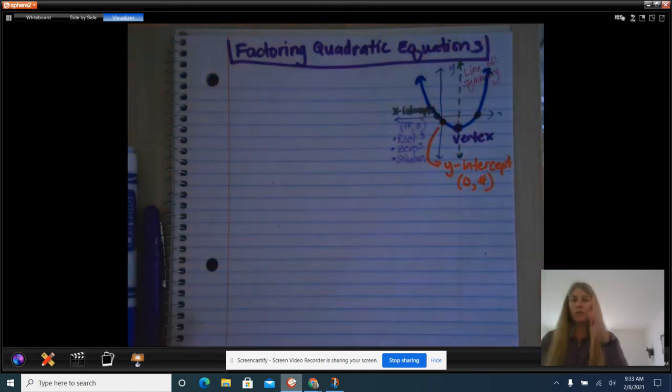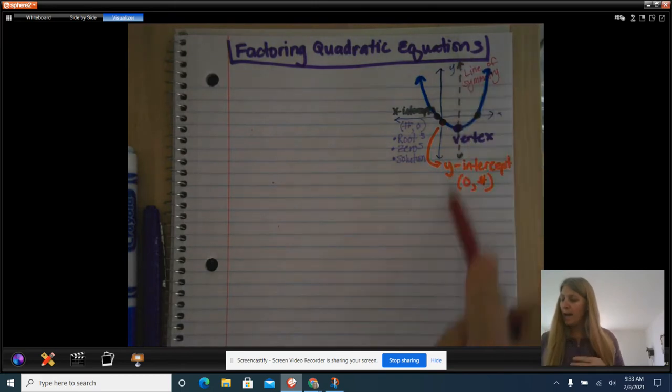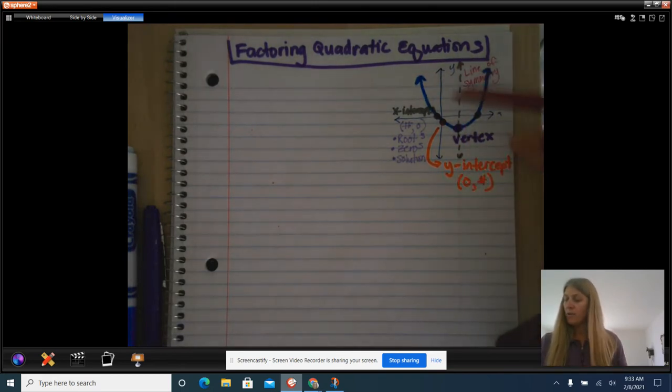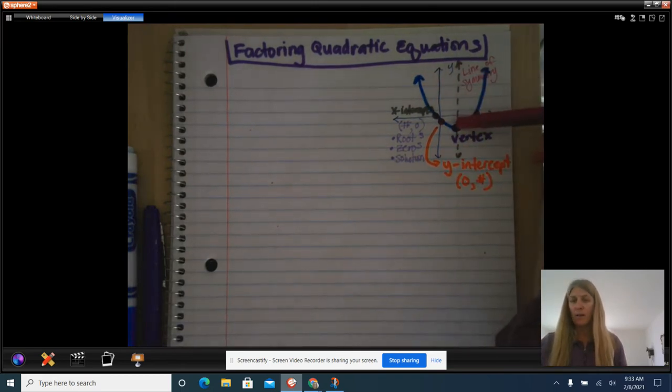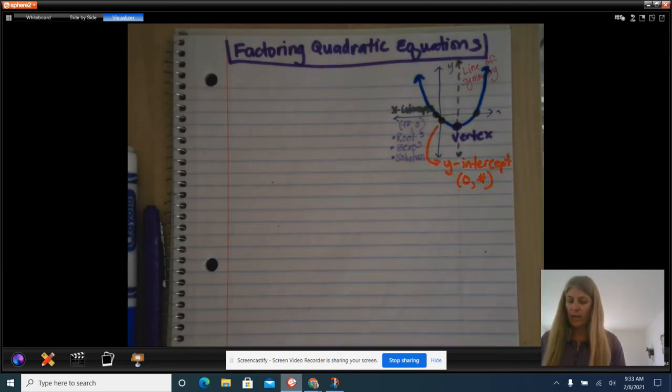And our line of symmetry is where we could fold it in half like a butterfly and it would match itself. So it has a line of symmetry. It crosses the x-axis, so it's an x equals line. So it's an x equals whatever the x value is of our vertex, and that's known as the line of symmetry.